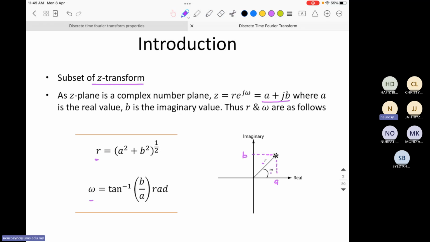In the Z plane, this vector is rotating, therefore e to the power j omega, and the speed of rotation is omega. Omega is the tan inverse of the imaginary part by the real part, and the unit for this rotation is radians.